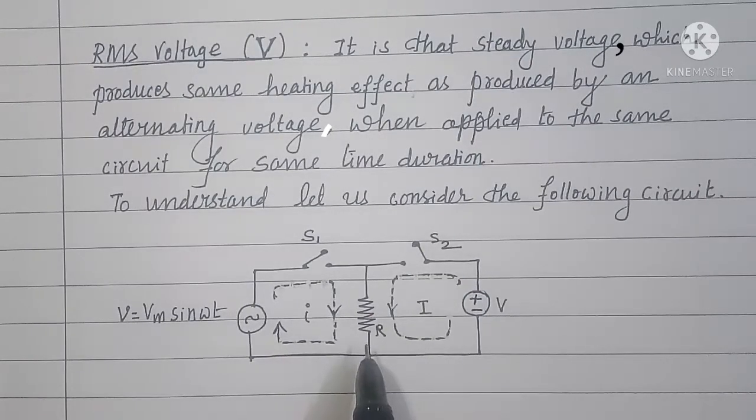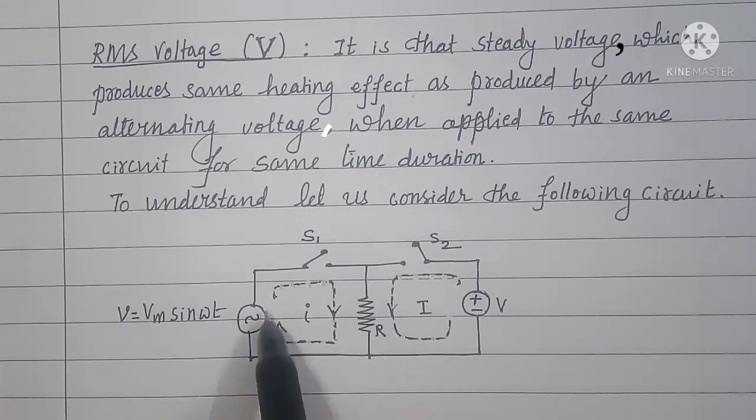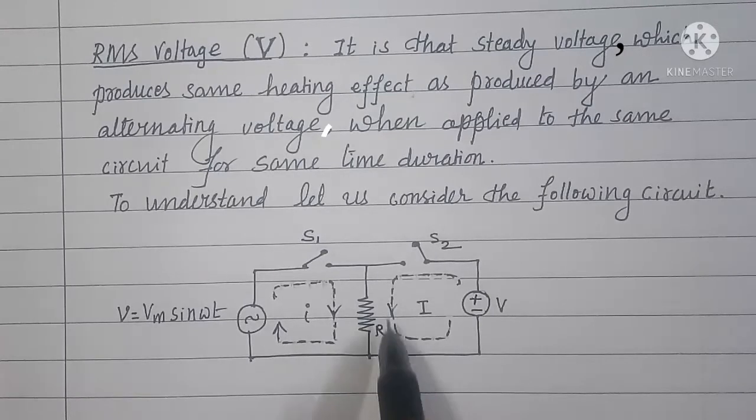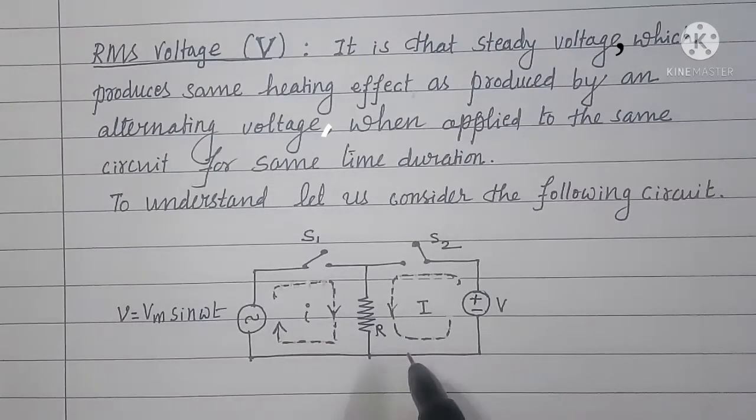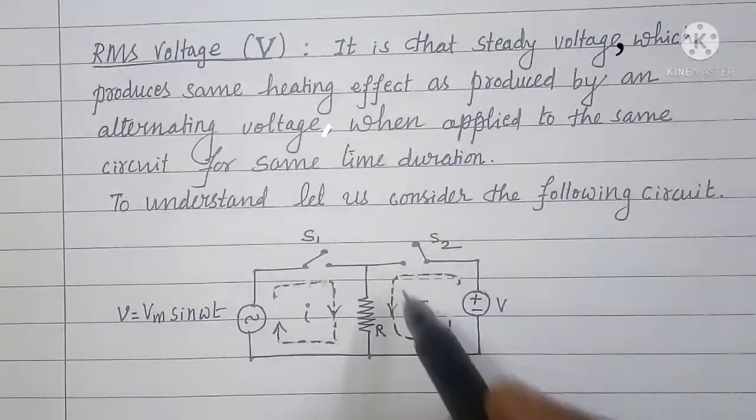Now in this circuit, if I keep closed S1 say for t seconds of time, then alternating voltage will circulate alternating current I through the resistor R, and because of I square R losses, heat energy will be dissipated by this resistor R, and after t seconds of time I will open the switch S1 and I will close switch S2.